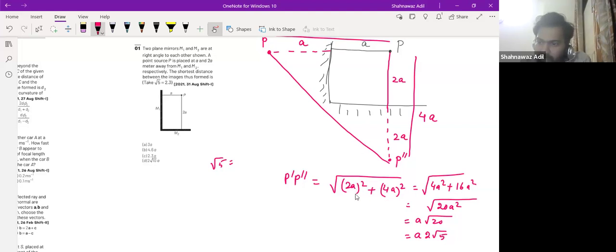So 2a whole squared plus 4a squared, so 4a squared and then 16a squared. That is 20a squared, so a root 20, which is 2 root 5. Root 5 is 2.236, times 2, so that is 4.47 a.